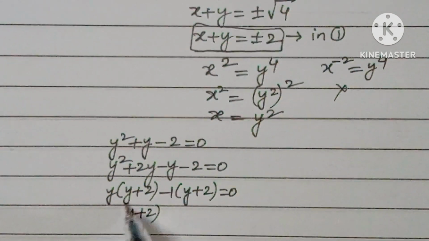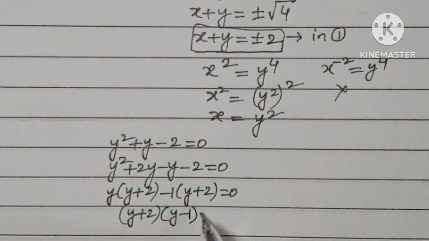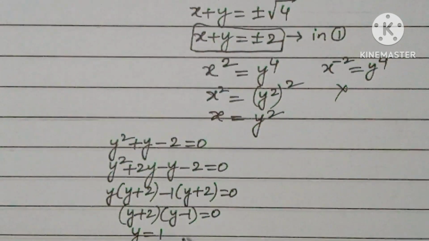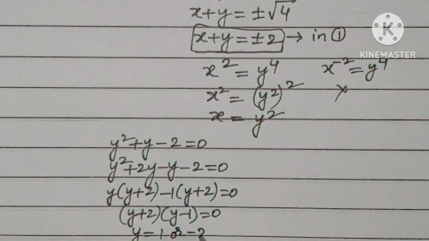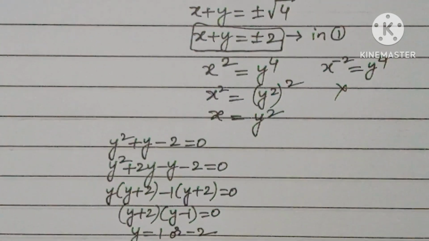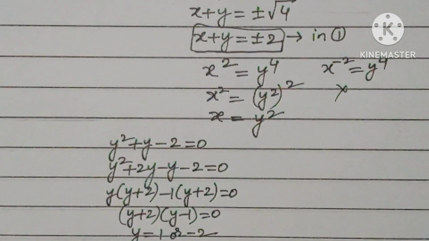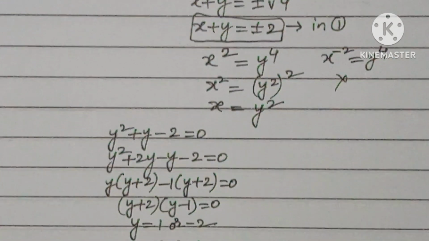Y plus 2 into y minus 1 equal to 0. Y is equal to 1 or minus 2. That implies x is equal to 1 or 4.